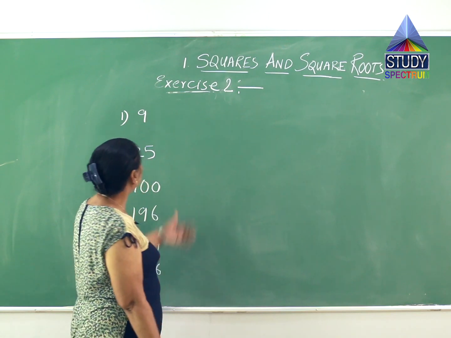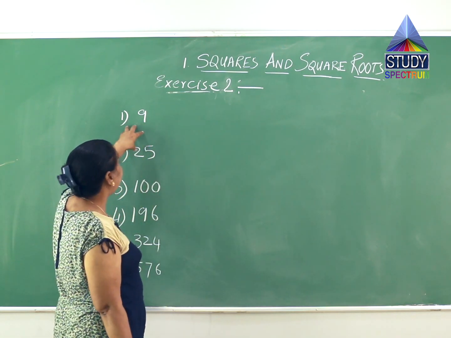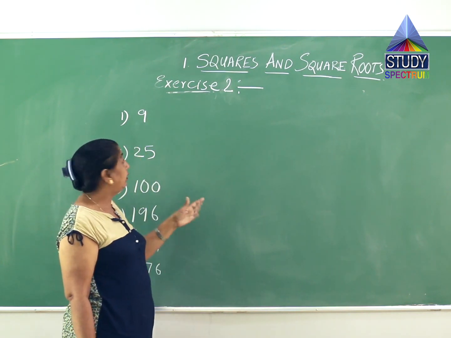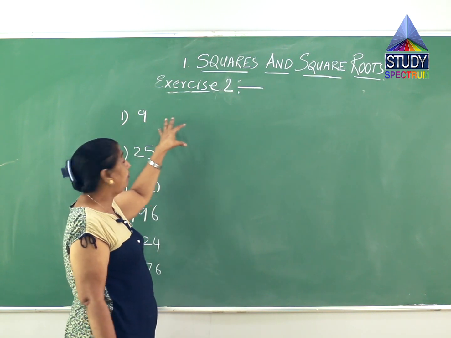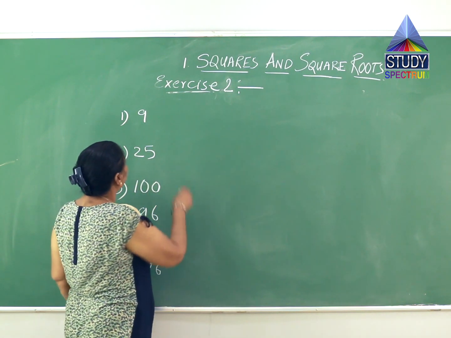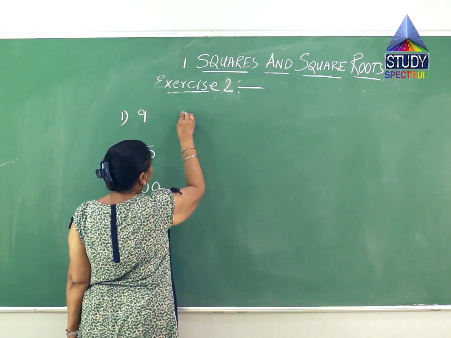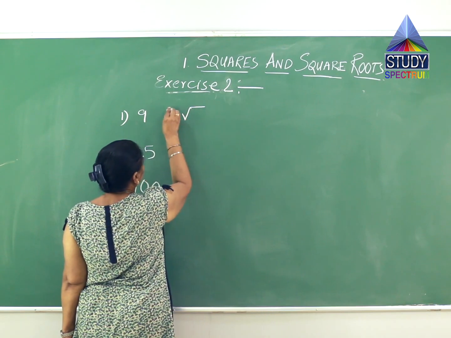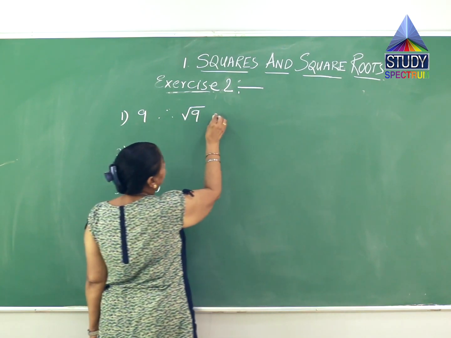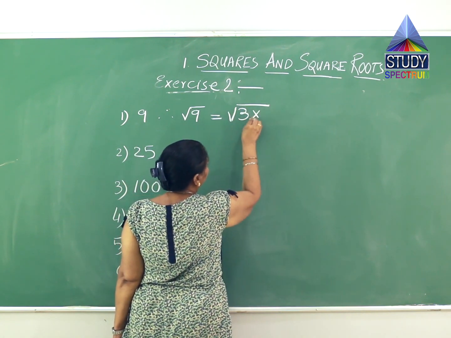Now children, let us start with exercise 2. Here you are asked to find the square root of the given number. As we have learned, every number has 2 square roots, one positive and one negative. Now to find the square root of 9, I can write it under the symbol, and that can be written as 3 into 3.